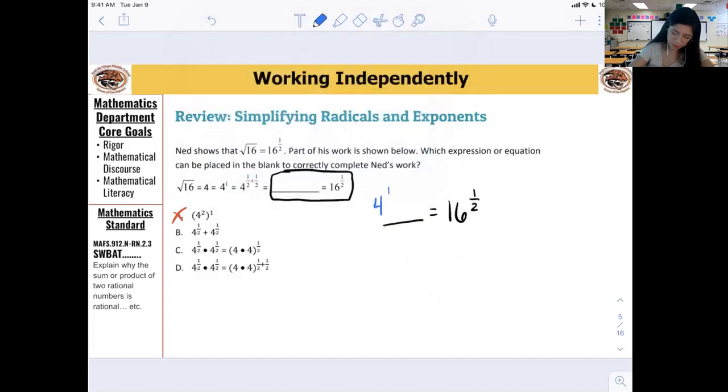4 to the power of 1/2 plus 4 to the power of 1/2. What's another way to write 4 to the power of 1/2?